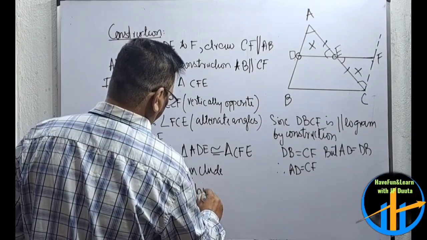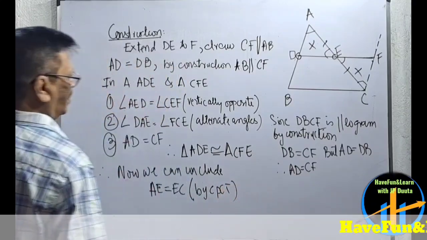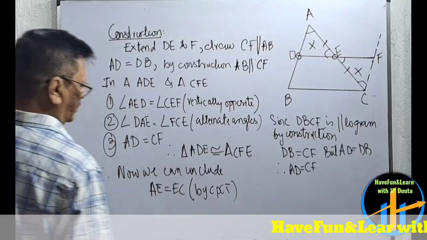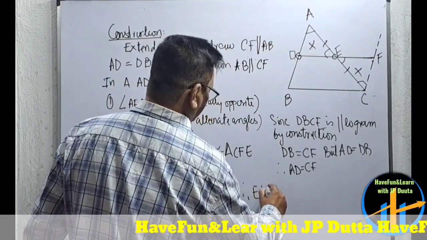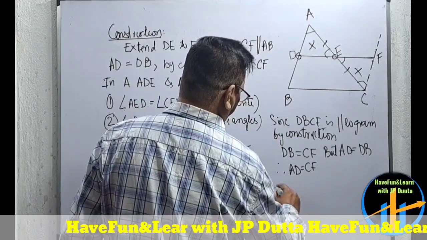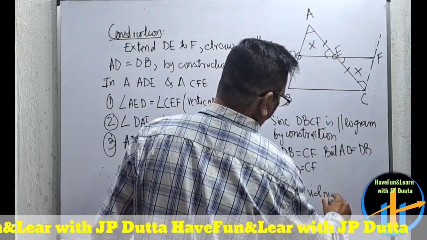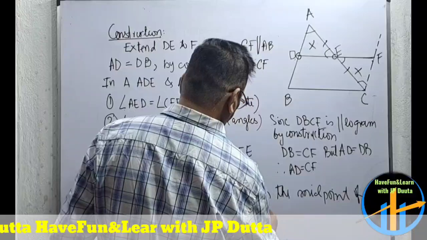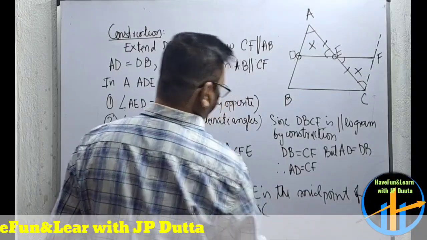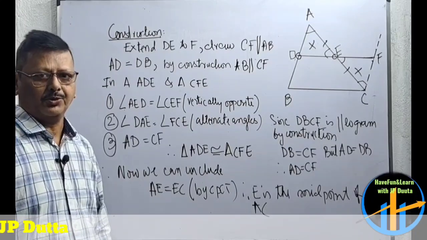By CPCT. Well, that means E is the midpoint of AC. So that is what was all about the converse of the midpoint theorem.